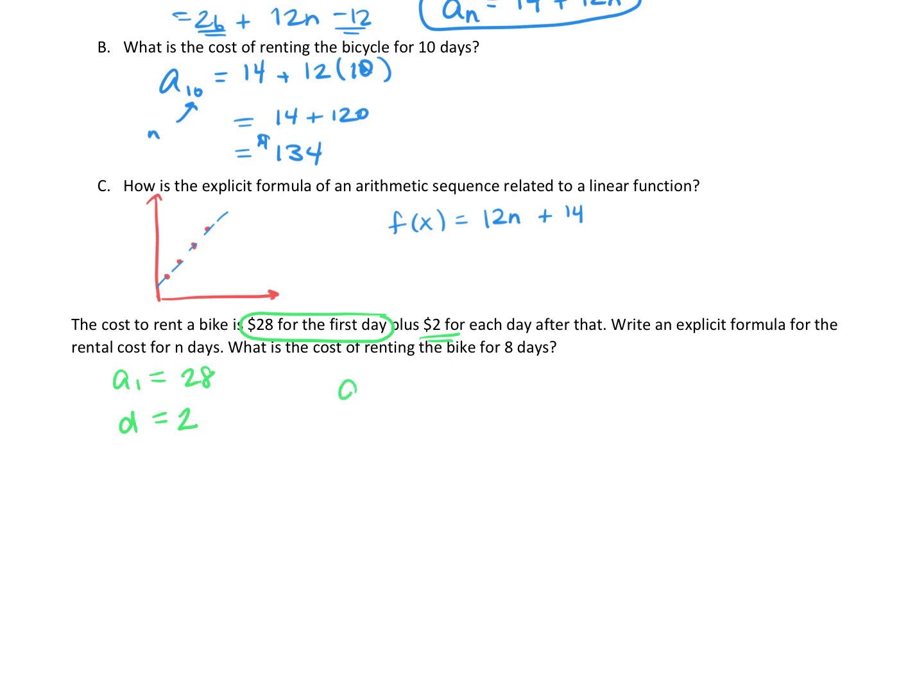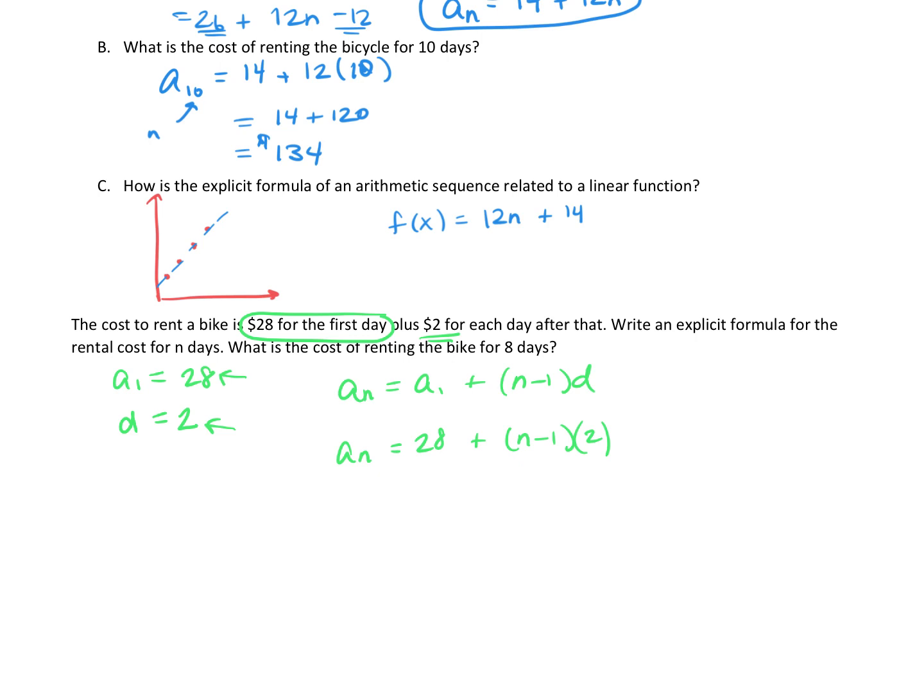The rule, a sub n equals a sub 1 plus n minus 1 times d. We're going to plug in our first term and our common difference. A sub n equals 28 plus n minus 1 times 2. We will go ahead and do some simplifying on this.